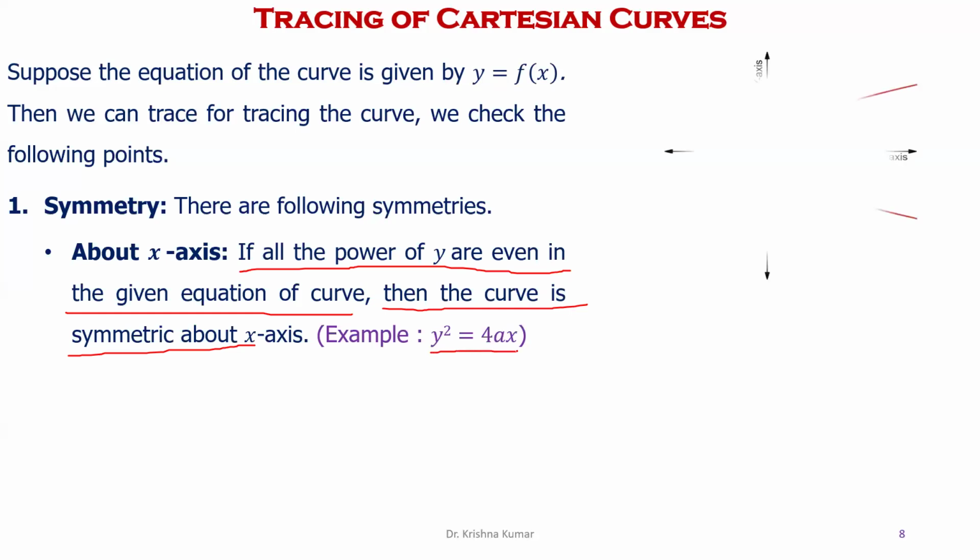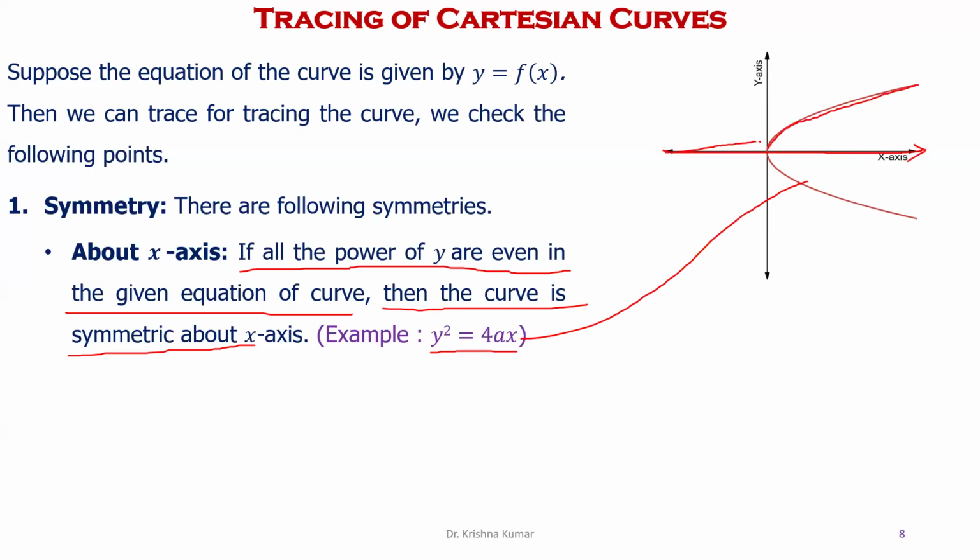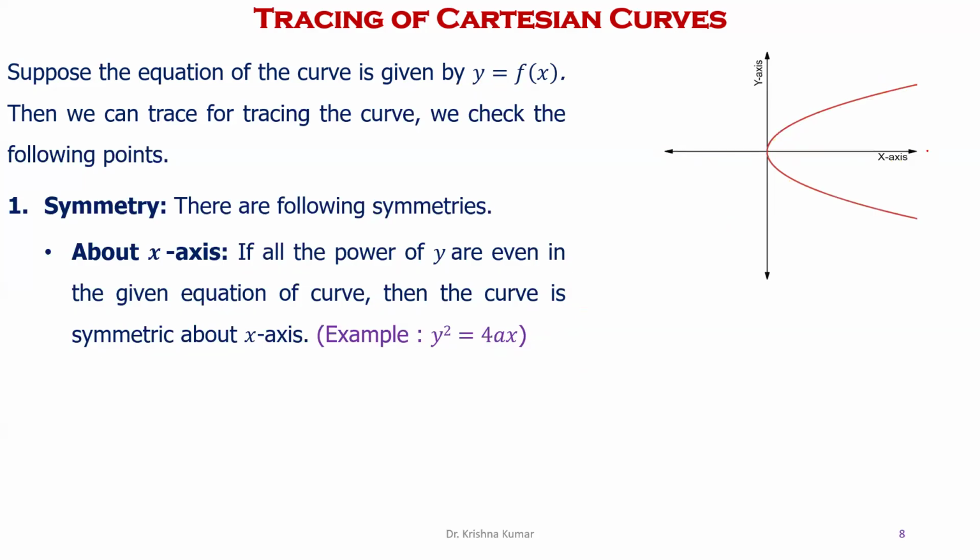This is a parabola. Now if we fold this parabola through the x-axis, the two halves will cover each other. So this parabola is symmetric about the x-axis.